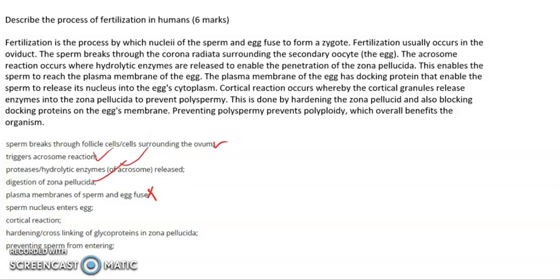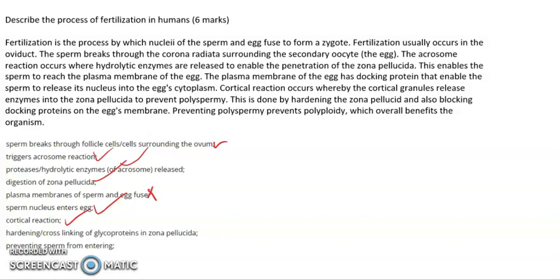So we have the sperm nucleus into the egg cytoplasm. So sperm nucleus enters the egg. We get that point. Cortical reaction. We get that point. See how these one-word answers are really easy points to hit. Acrosome reaction, cortical reaction, etc. Those are the mark points you must hit in order to score highly.